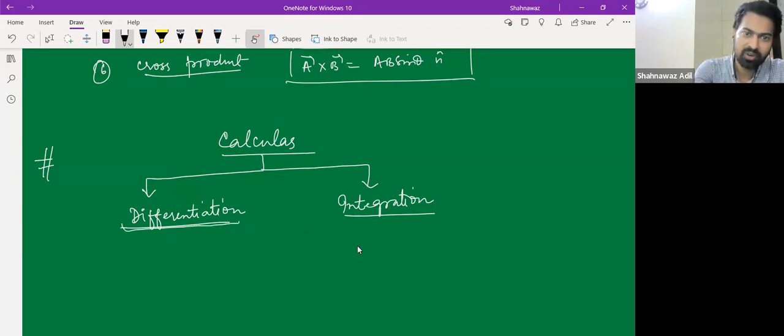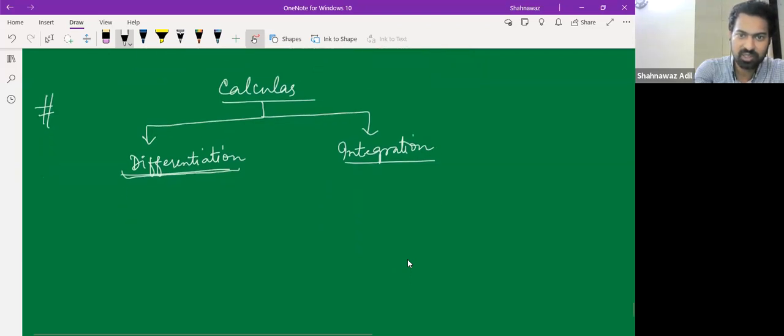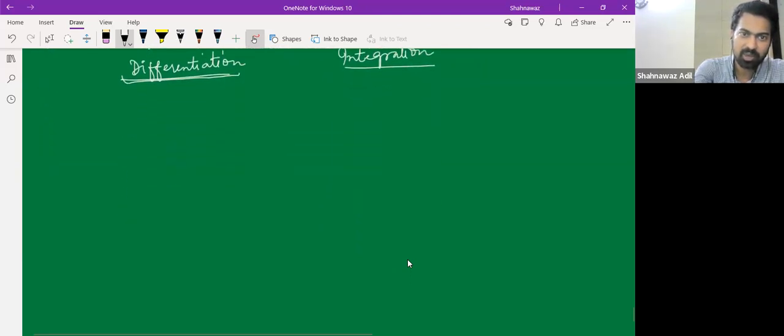But before we learn this differentiation and integration, let us understand about some special functions, right? So first, what is a function?